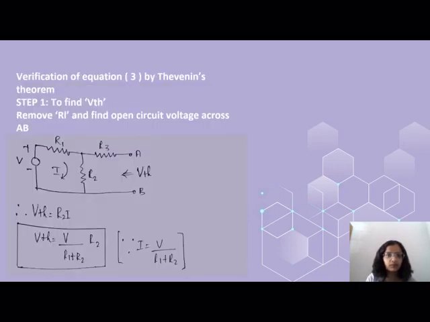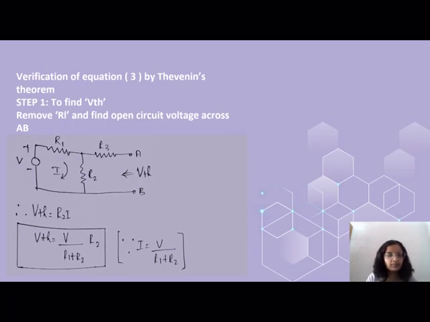Further, the verification of equation 3 is done by applying Thevenin's theorem. Step 1 is to find VTH. In order to find the Thevenin's voltage, it involves opening the circuit at the designated terminals and determining the voltage across the resulting open circuit. The voltage obtained through this process is termed the Thevenin's voltage, representing the potential supplied by the network when connected to a load.